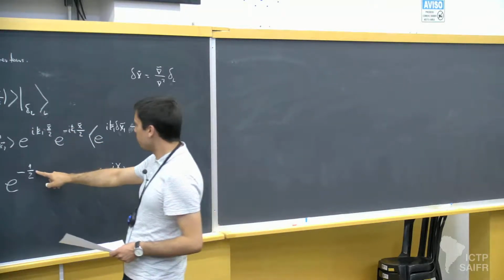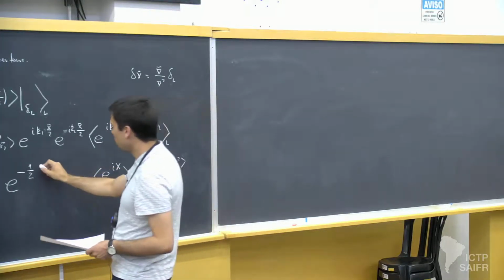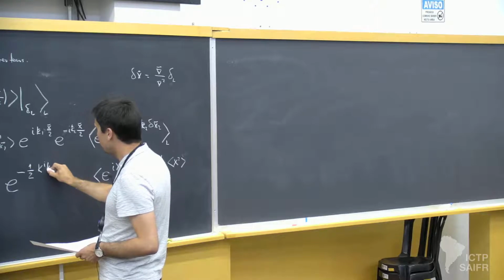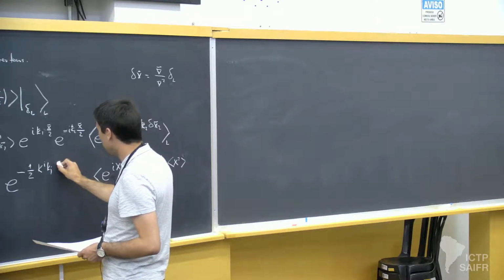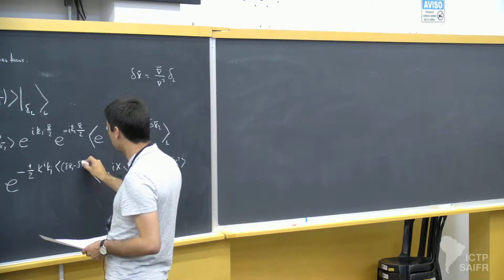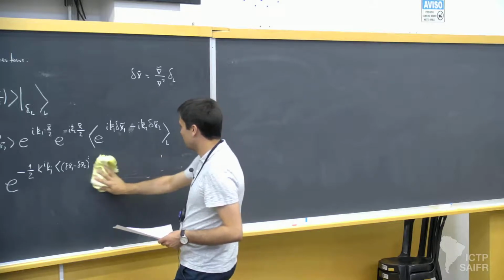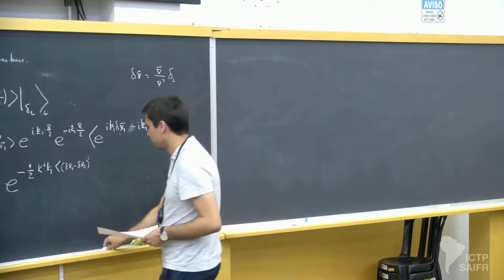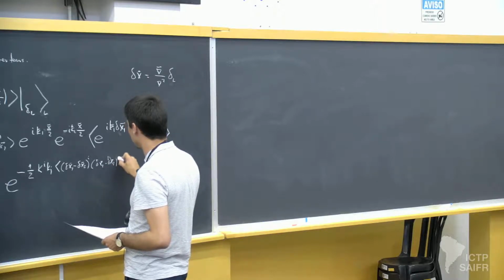And what enters here then, because here K2 is just minus K1 and so on and so forth, you have Ki, Kj, and then here you have the expectation value of delta x1 minus delta x2, i, and the same thing delta x1 minus delta x2, j.